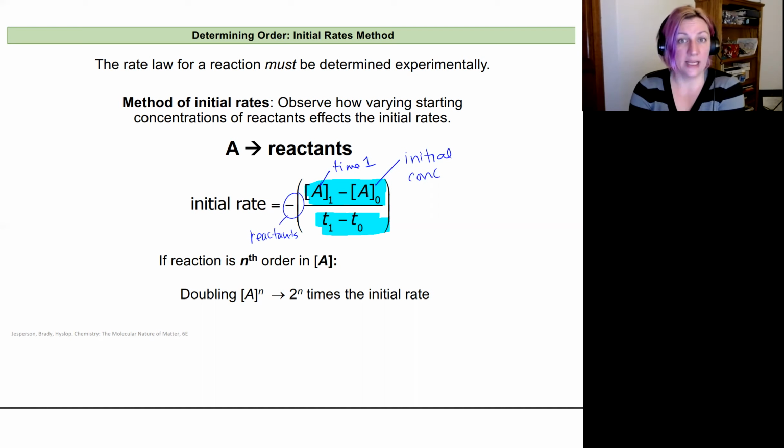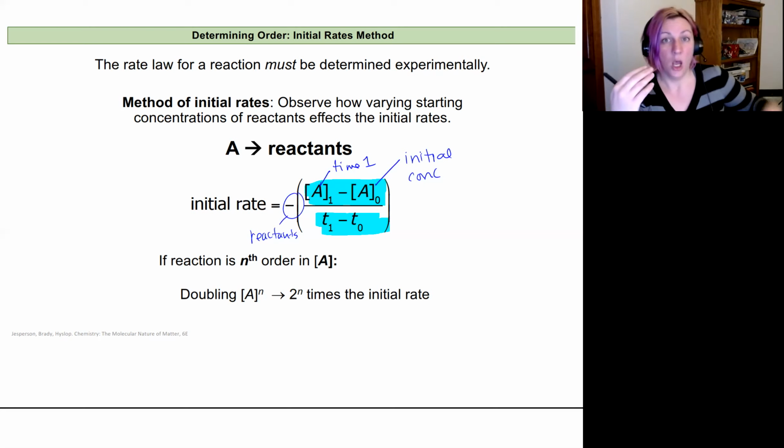If that order is actually 2 with respect to A, then if we double the amount of A that we start with, so we double its concentration, we should expect to see the rate quadruple. We'll see a larger dependence on it. So we're going to change the concentration we start with and see what's the effect on the initial rate. And that'll allow us to understand what the order is.